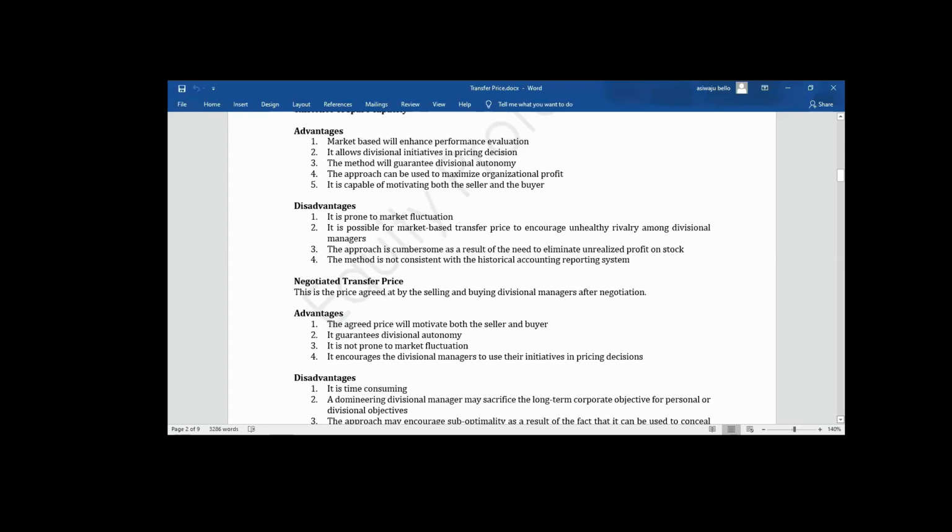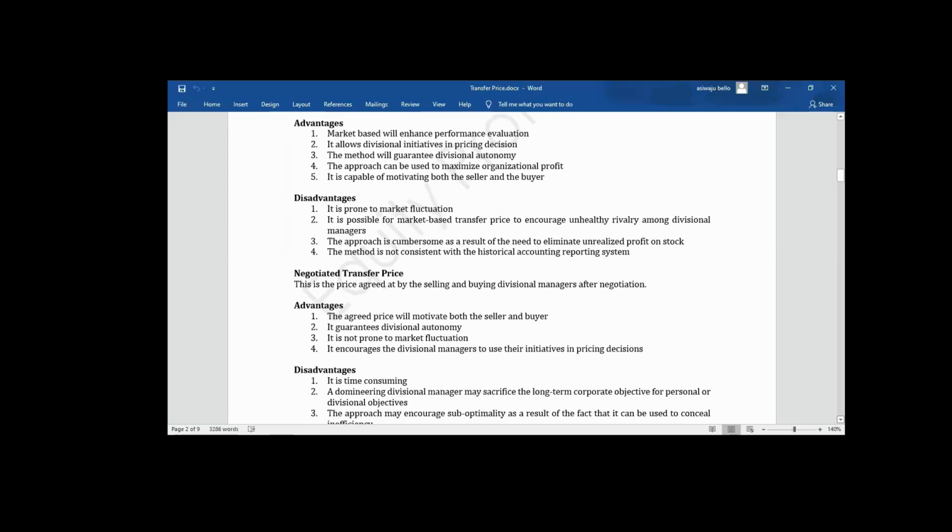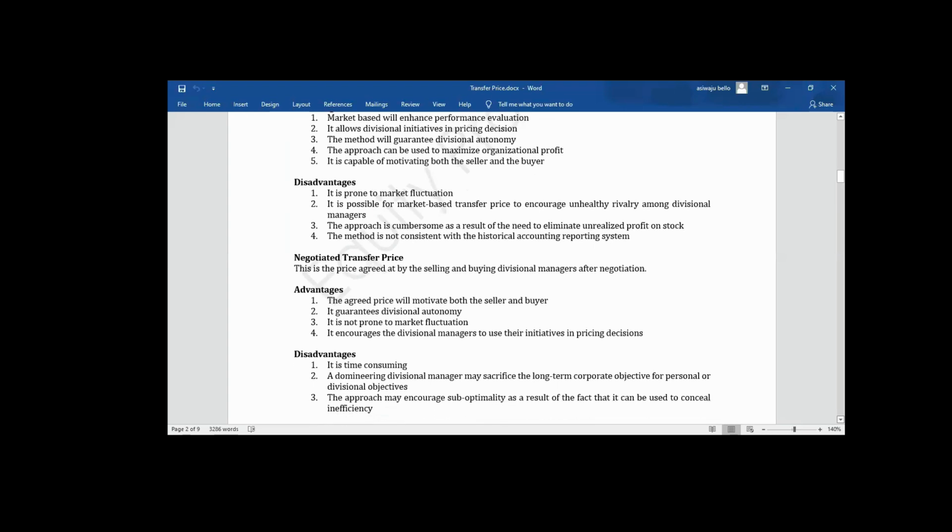And lastly, the method is not consistent with historical accounting reporting system. Financial accounting is based on historical reporting. You don't prepare financial accounts based on market value. It is based on historical value. So this method is not consistent with historical accounting reporting system.